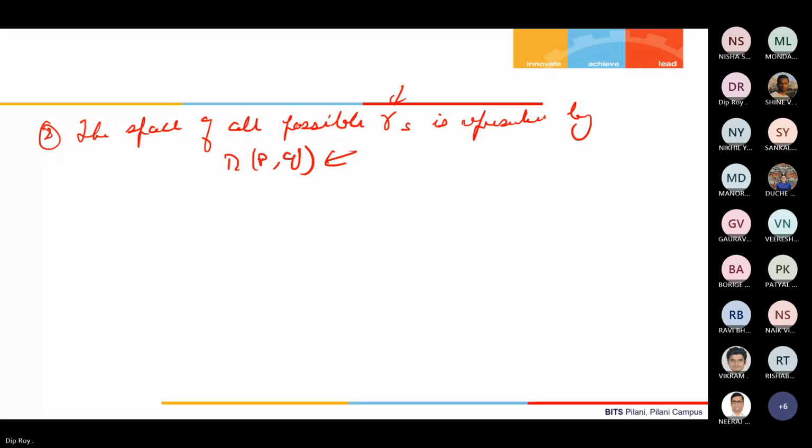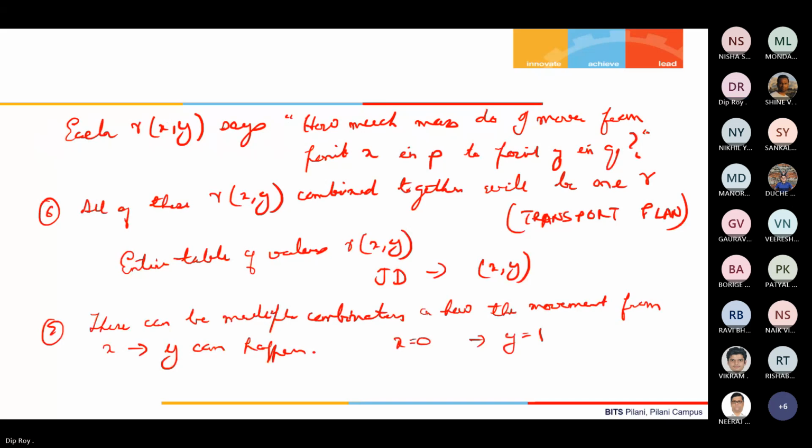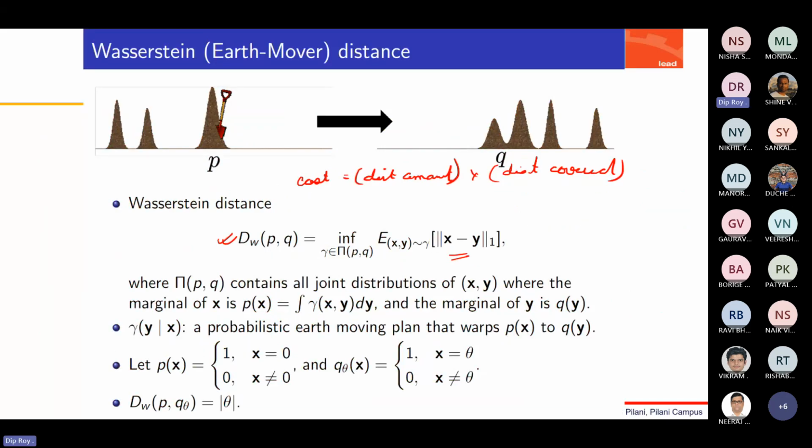Now if we go back into the formula, let's see the formula once. You now know X and Y are 2 points.